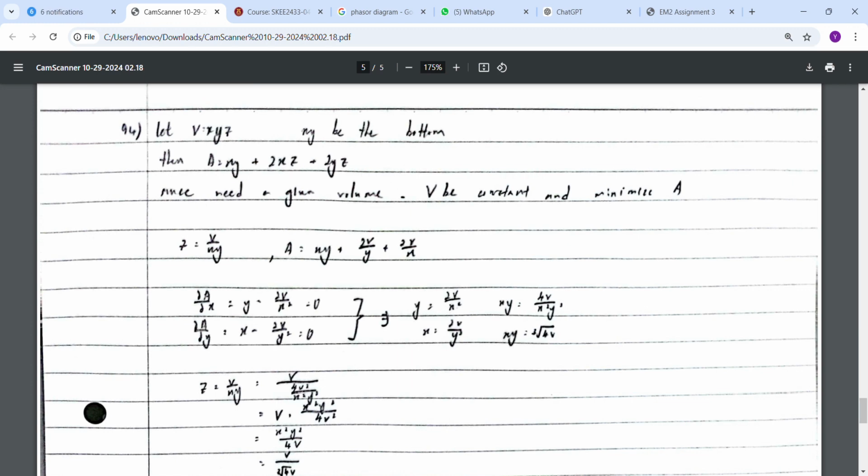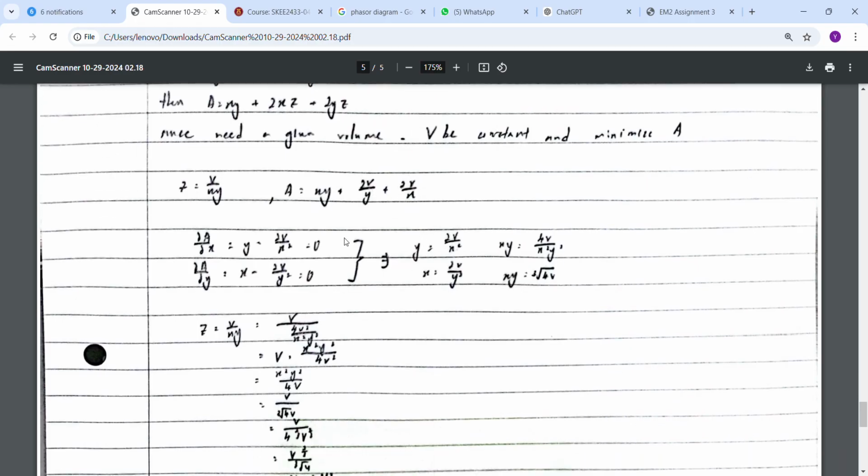Because V is constant, the value of A, which is the area, will be minimized. From the equation above, we can get z equal to v over xy, and inserting it into the formula of area, we get A equal to xy plus 2v over y plus 2v over x.